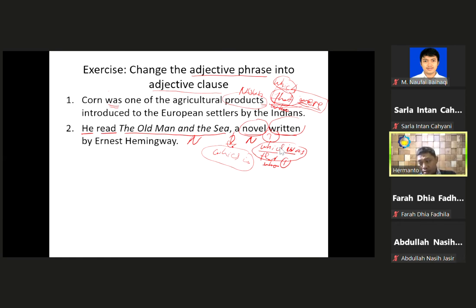And to make it simple and sound natural, you reduce this clause into a phrase: He read The Old Man and the Sea, a novel written by Ernest Hemingway. Okay, so now you know how to make this. Yeah, this is an adjective phrase. This is another adjective phrase, everyone, and it is from a clause, which is a novel, which was written by Ernest.